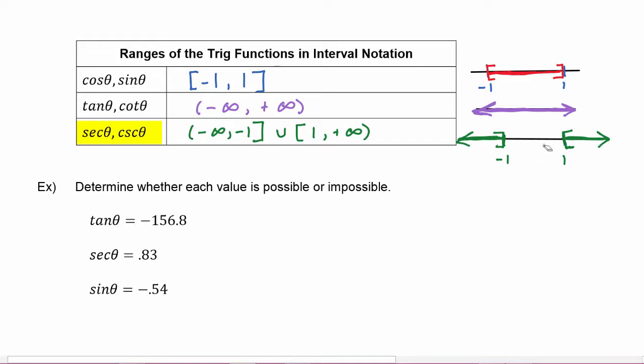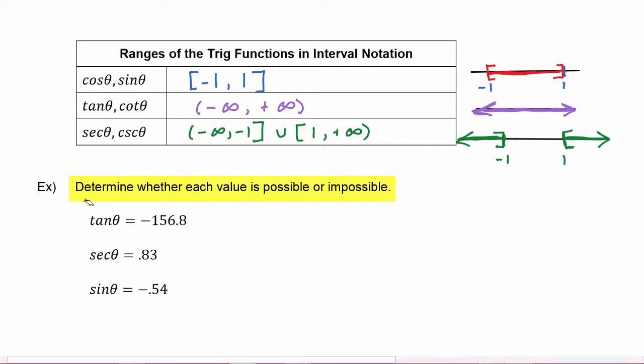So nothing can live in between here. So notice the difference between cosine theta and sine theta and secant theta and cosecant theta. Sine and cosine live their entire lives between -1 and 1, where secant and cosecant live their entire lives outside of that interval, so from negative infinity to -1 and 1 to positive infinity.